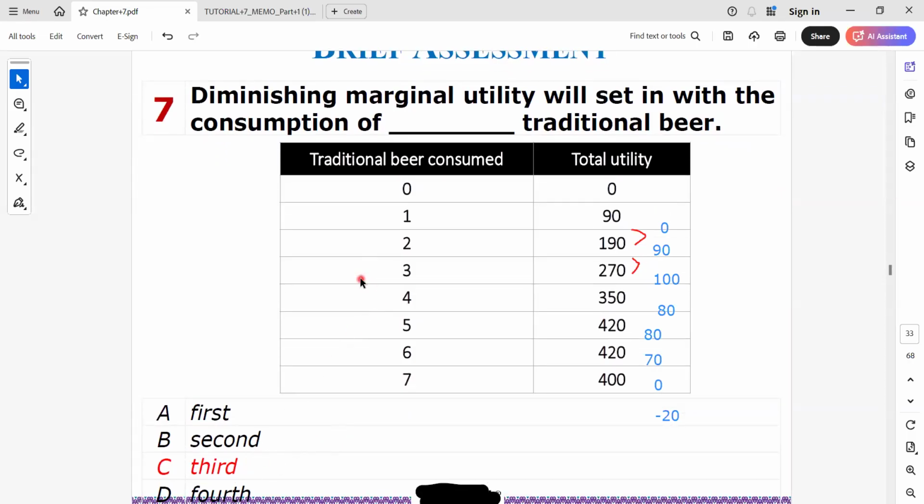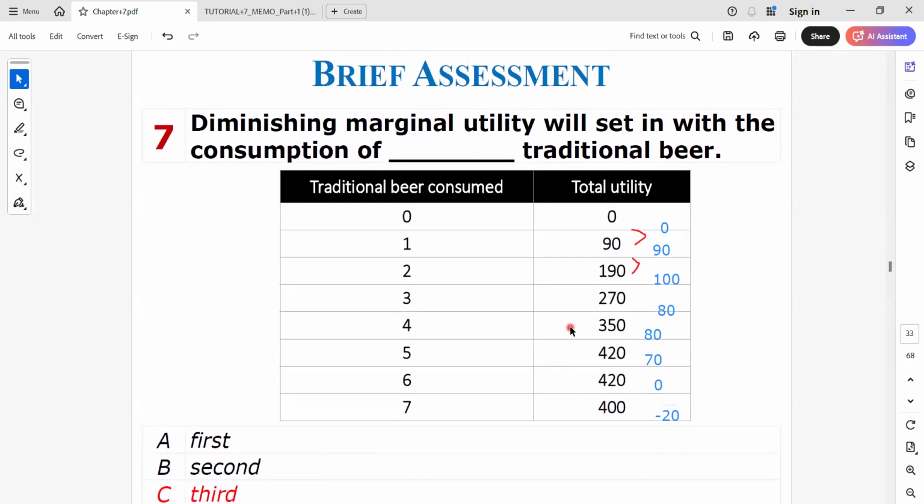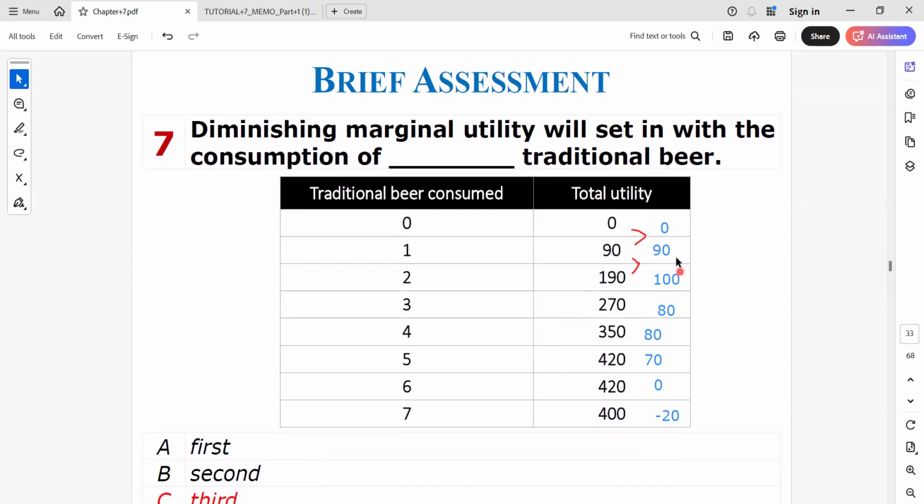So I think in that activity that we did, I think they were wrong. It's supposed to be the 5th, not the 4th. Because you see here, oh, my figures moved because I scrolled down. Okay. Because you see here, when he consumes 0 beers, his total utility is 0.